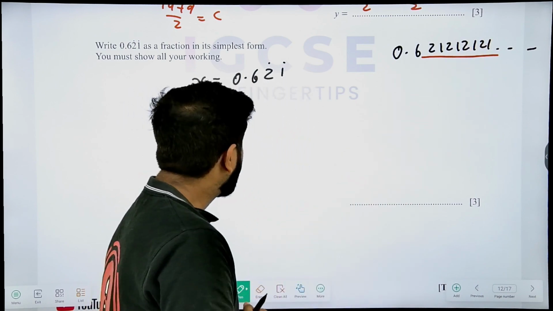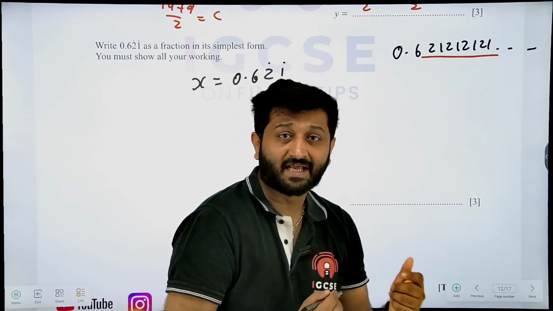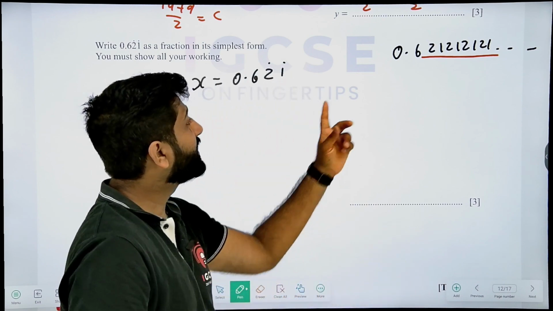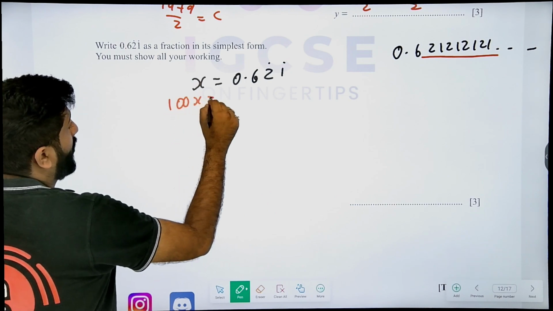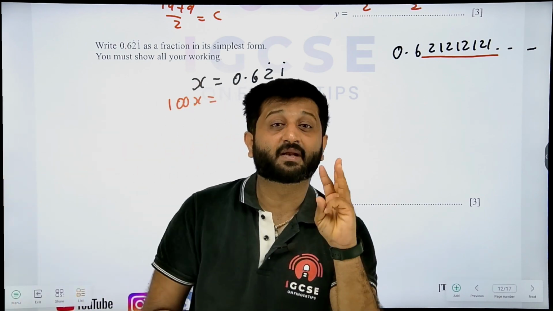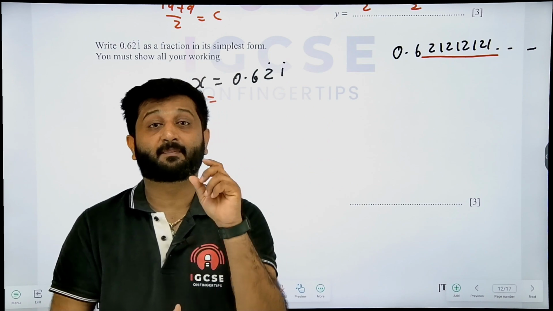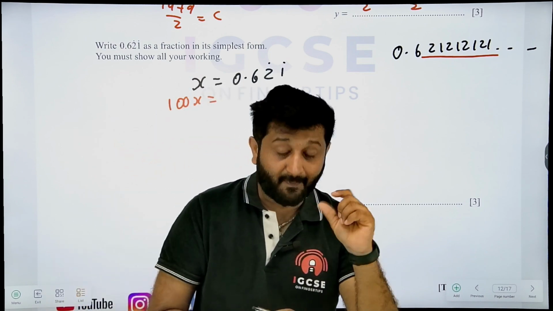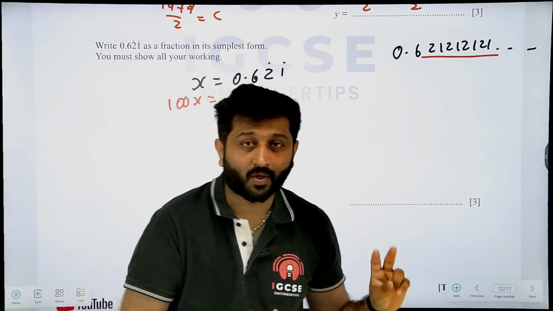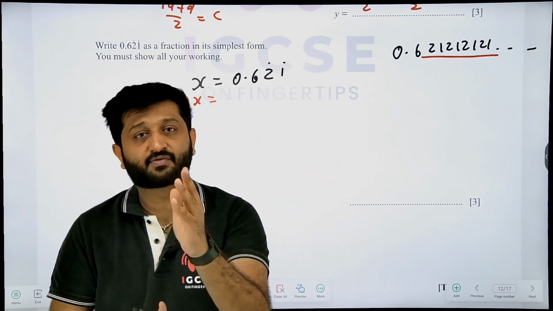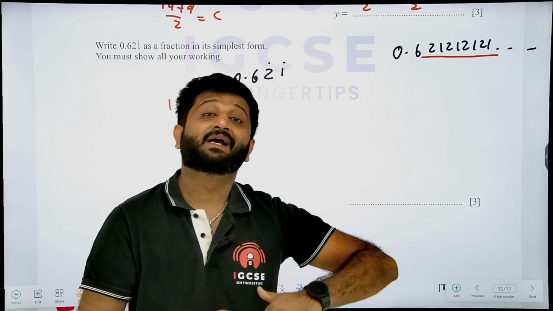Now I know that as two numbers are getting repeated, I'll multiply this whole term with 100. The pattern of numbers which are getting repeated is two numbers, 2, 1, 2, 1, 2, 1. Had there been three numbers repeated, I would have multiplied with 1000.